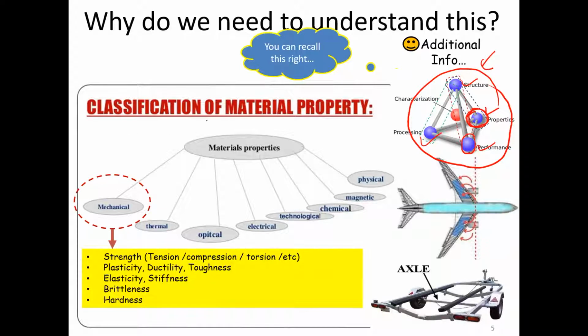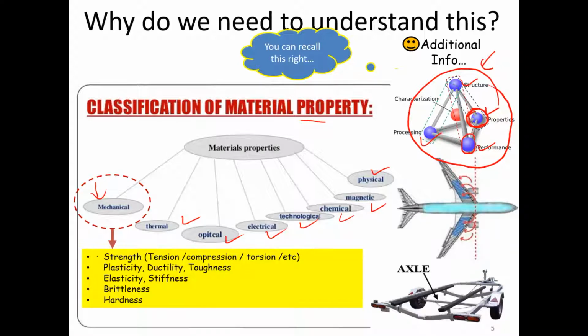So these are some of the classifications of material properties. We have physical, magnetic, chemical, technological, electrical, optical, and thermal. And for this particular chapter, chapter 6, we will study the mechanical properties.